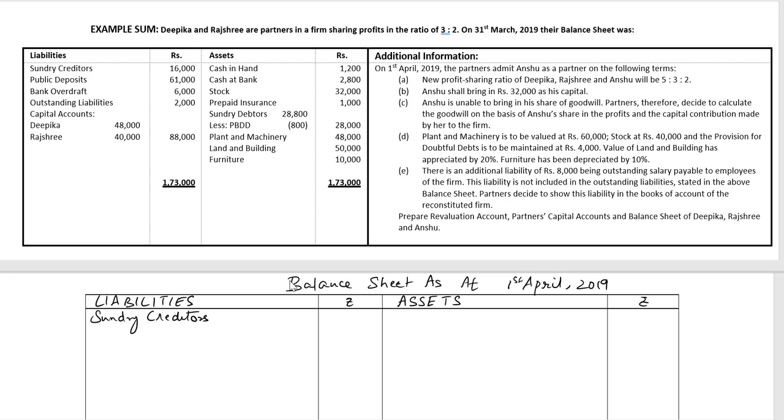There is no change in the value, 16,000 rupees. Public deposits. No change, 61,000 rupees. Bank overdraft.